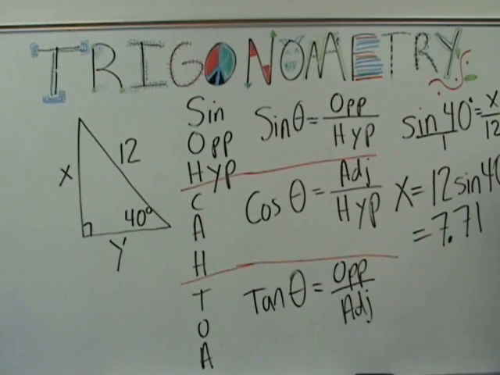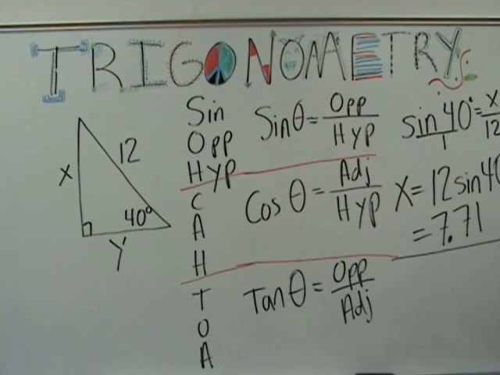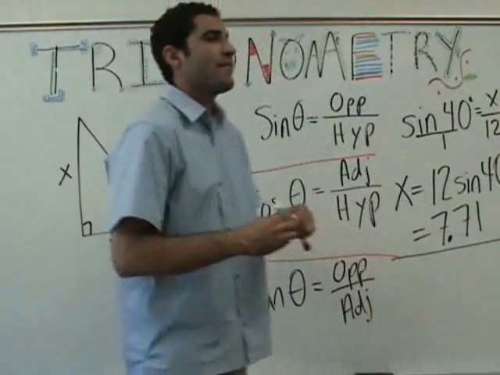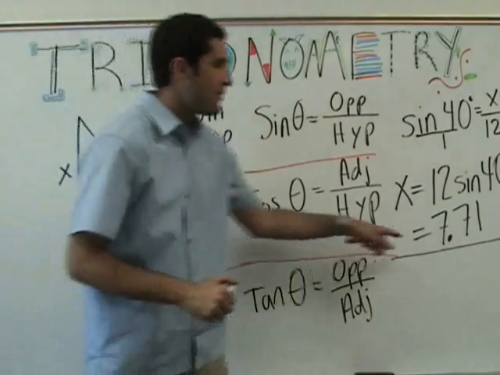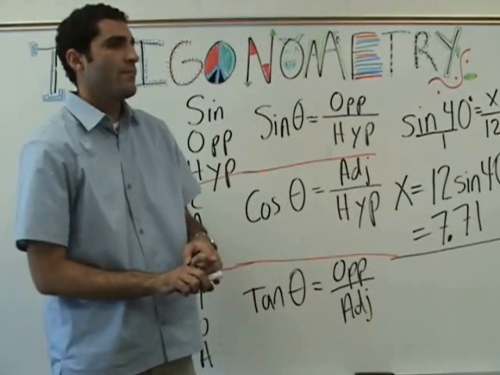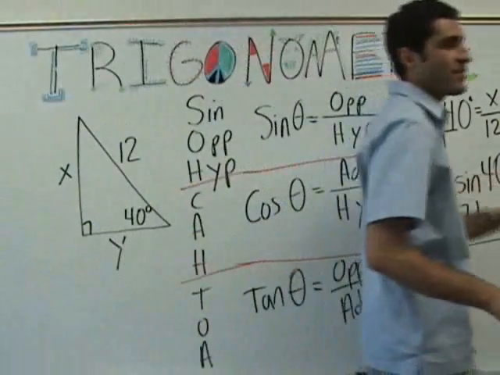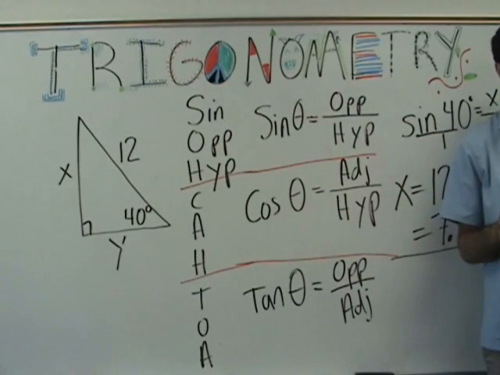All right, let's set up the equation for solving for y now. There are a variety of ways to do this, but what would be the most straightforward way to solve for y?